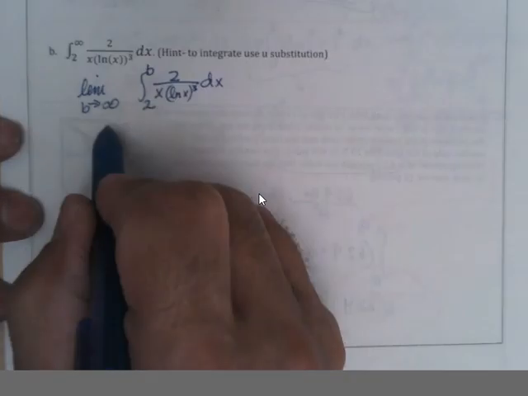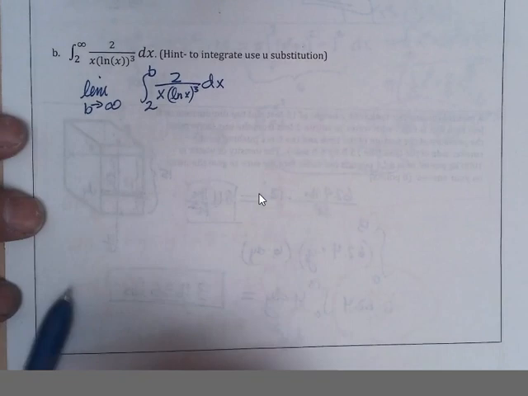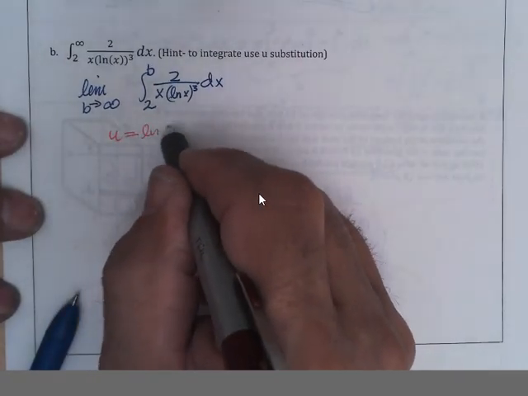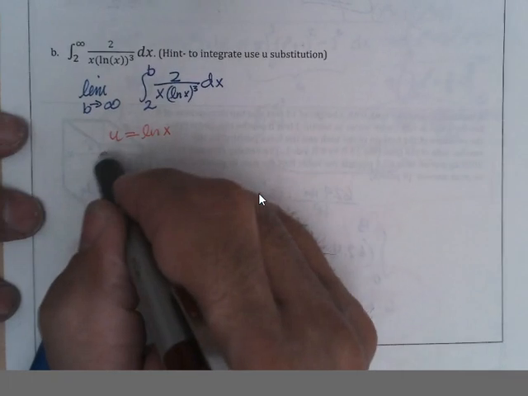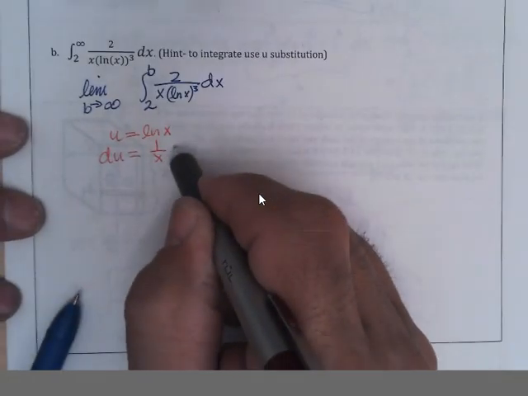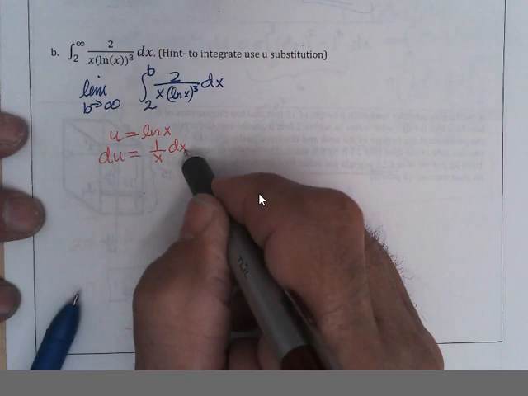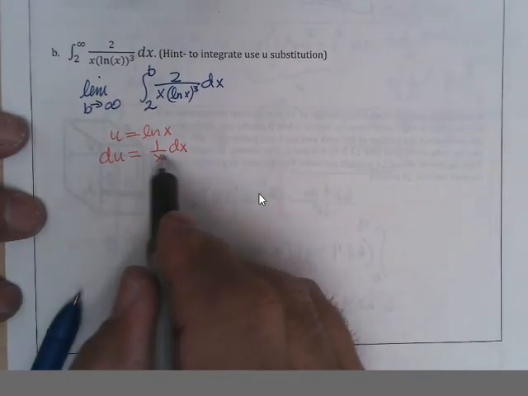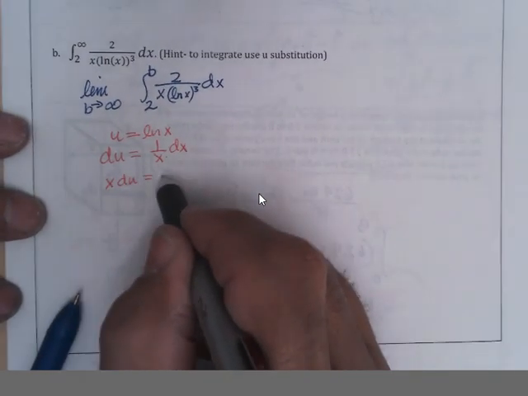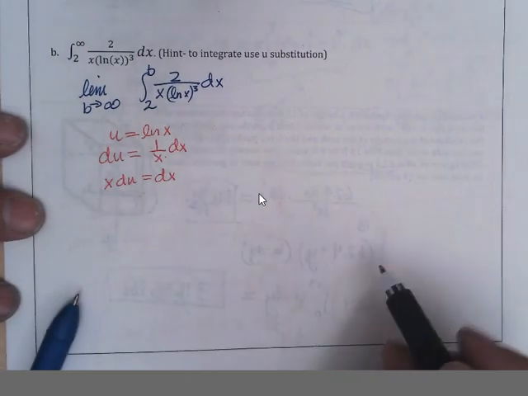To do this, we're going to make a u substitution. I'm going to let u equal ln x. du is going to be 1 over x dx. Multiply both sides by x, and I get x times du equals dx.